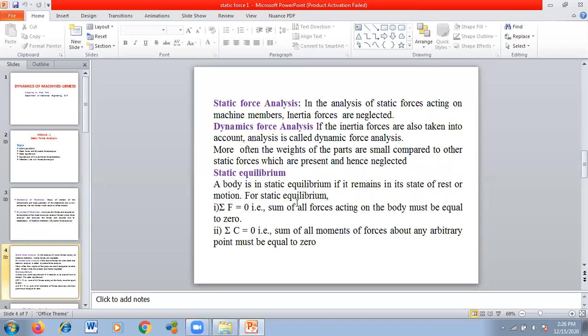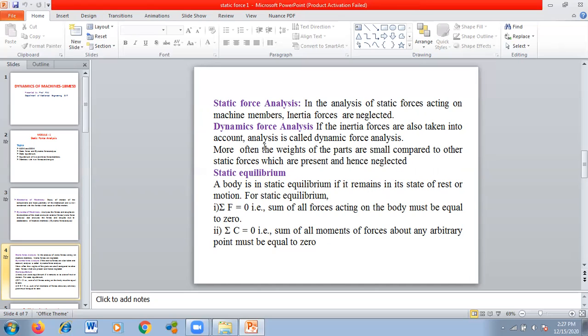Now we have two types of analysis. If you take any machine member, we do two types of analysis while designing any machine component or any mechanism: static force analysis and dynamic force analysis. In static force analysis, the static forces acting on the machine member are considered and inertia forces are neglected.